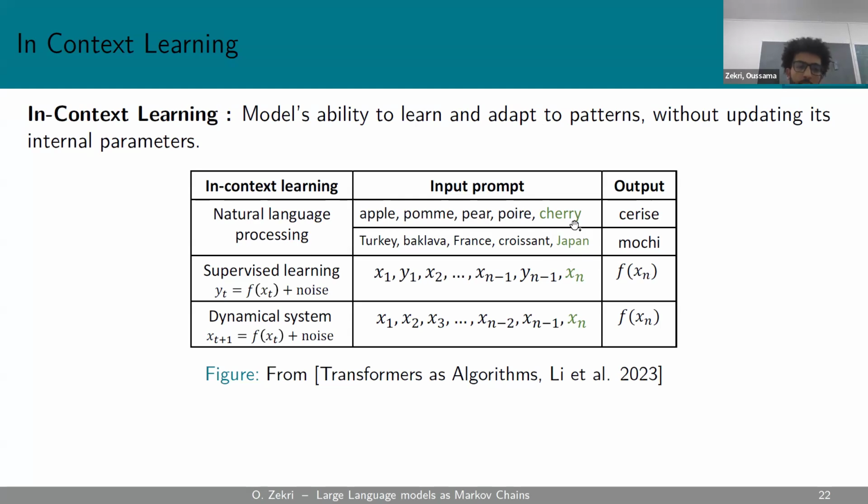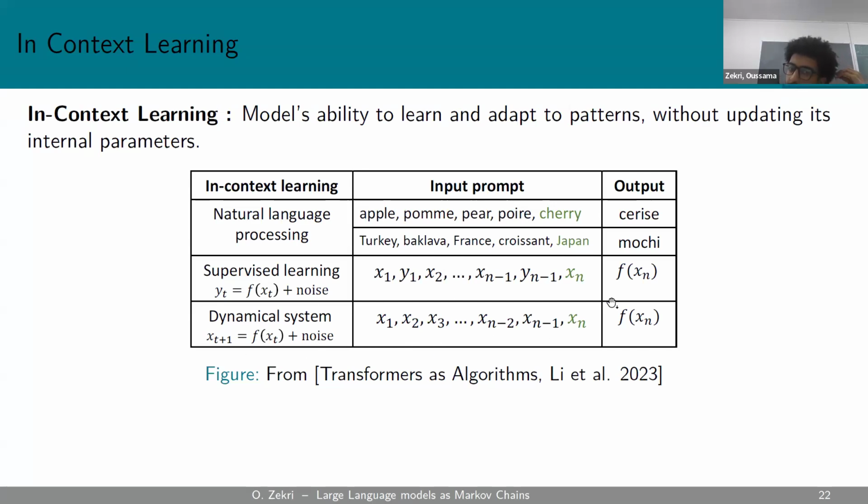This was for natural language, but if you take a look, for example, at the task of learning dynamical systems, you can just prompt the model with the successive values of the dynamical system, and it will try to output the value of the next iteration of the dynamical system.